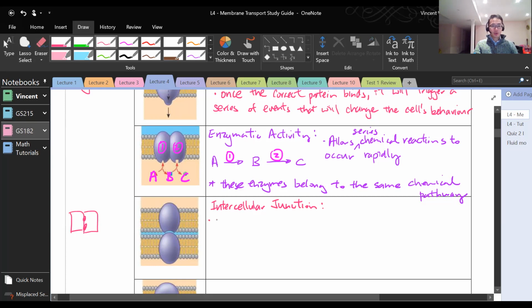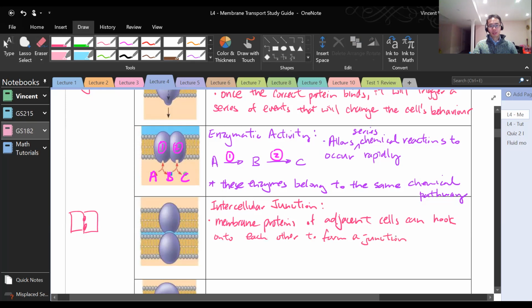So membrane proteins of adjacent cells can hook on to each other to form a junction, a connection, a seal, so nothing can pass through.